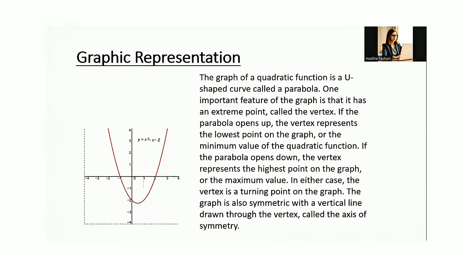If the parabola opens up like this, the vertex represents the lowest point on the graph, or the minimum value of the quadratic function. If the parabola opens down, the vertex would come here, and this will be the highest point of the graph, or the maximum value. In either case, the vertex is the turning point of the graph. The graph is also symmetric about a vertical line drawn through the vertex, and it is called the axis of symmetry.